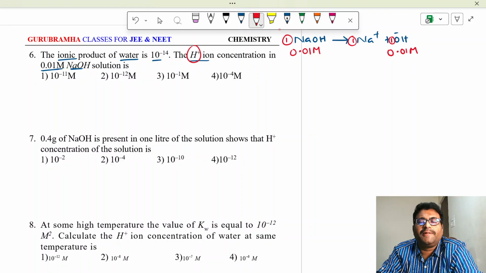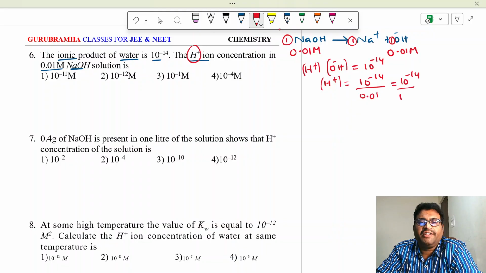And you know OH minus, we want H plus ion concentration. And you know that H plus ion concentration into OH minus ion concentration is equal to Kw, which is given as 10 power minus 14. And you are asked H plus ion concentration, that is equal to 10 power minus 14 by how much OH minus concentration? 0.01, that is equal to 10 power minus 14 by 10 power minus 2, that is equal to 10 power minus 12.